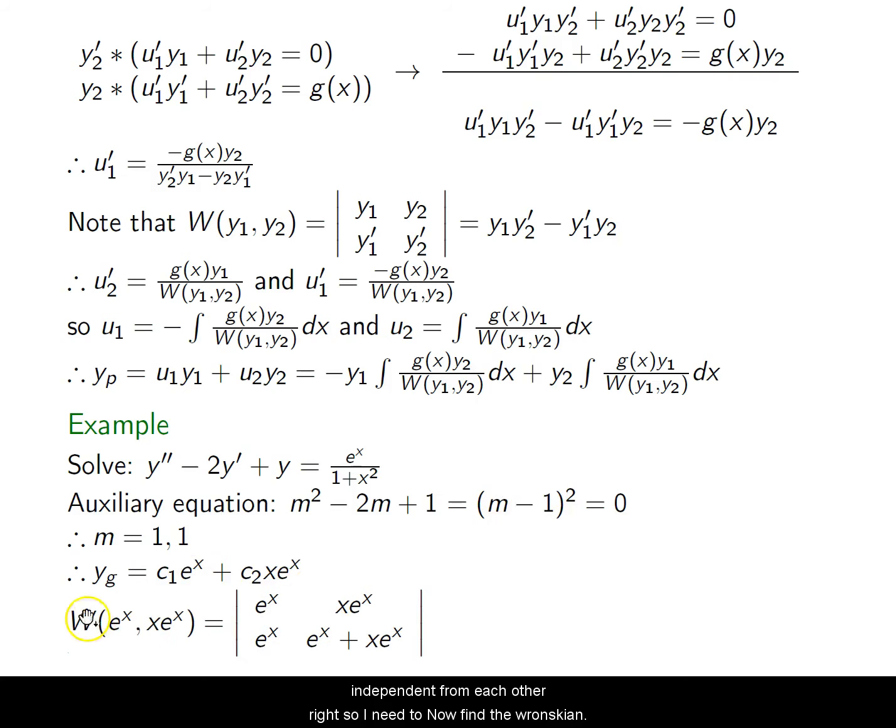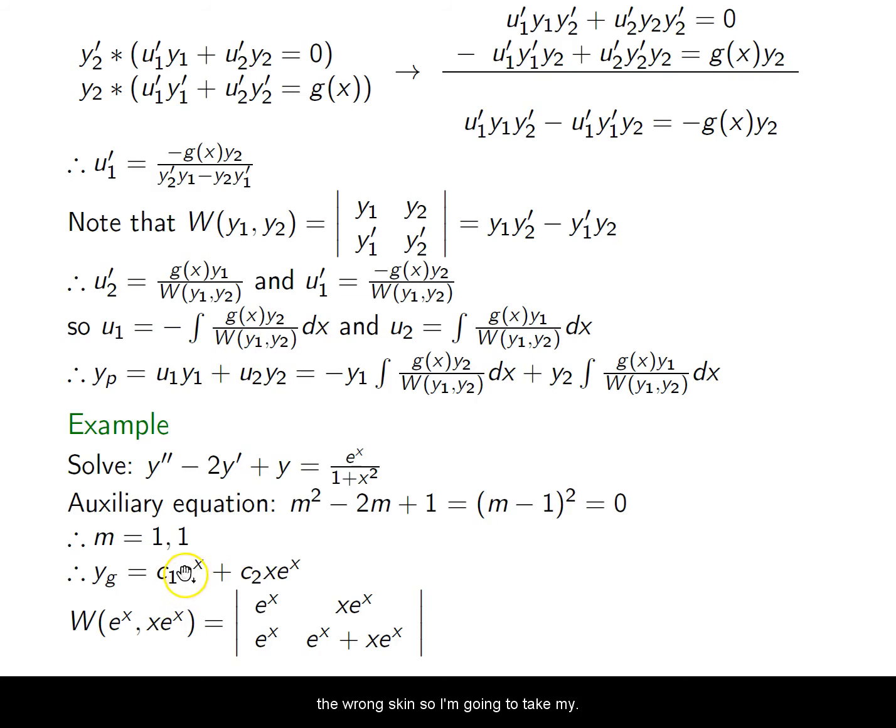So I need to now find the Wronskian for my functions, my y1 and y2, right? So if we come back to my formula, my solution is dependent on my Wronskian for both of my u1 and u2. So that should be the first thing that I find, right? Again, everything else is given to me. g of x, I know. y2, I know now. y1, I know now. I just don't have the Wronskian.